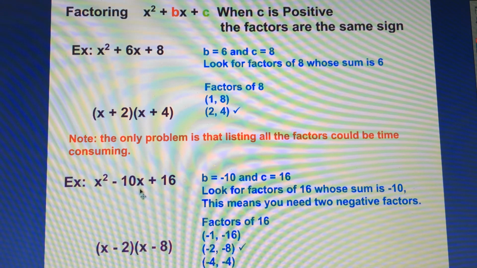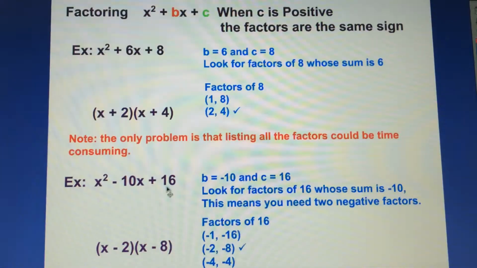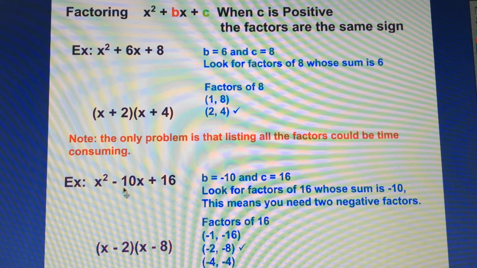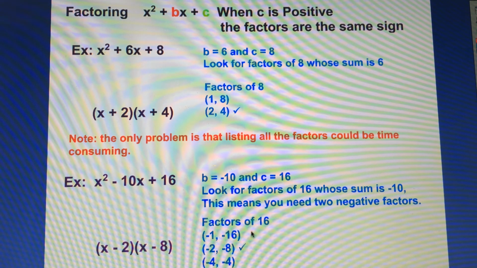Now in this case, I have x squared minus 10x plus 16. Notice that b is negative 10, yet c is positive. How am I going to multiply two numbers to get a positive, but when I add them I get a negative? That means that both of my factors have to be negative values.